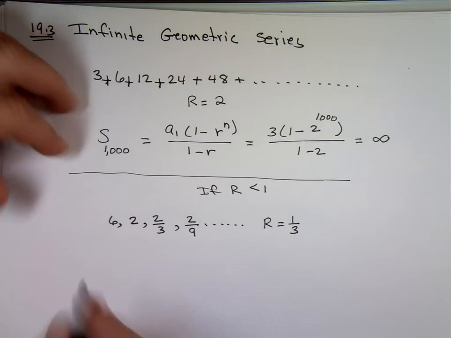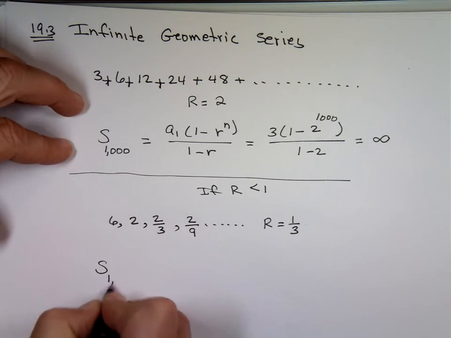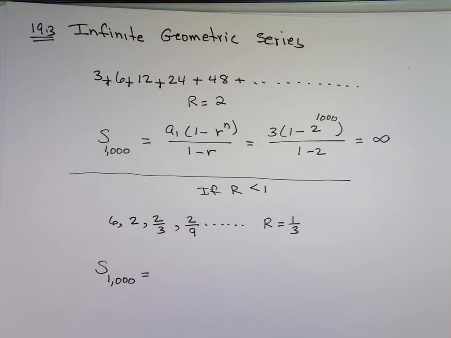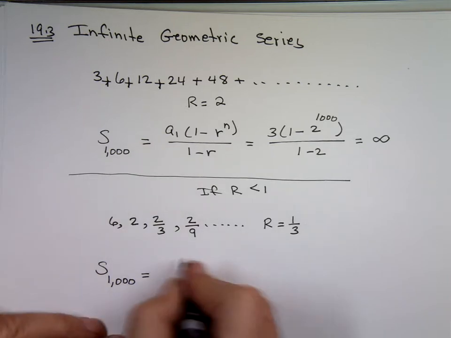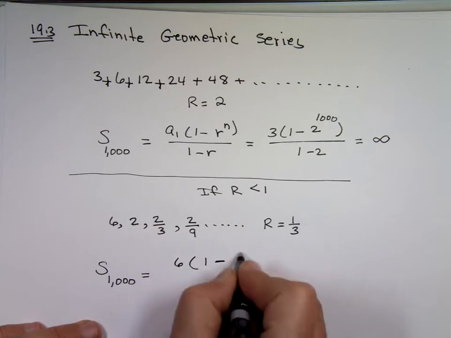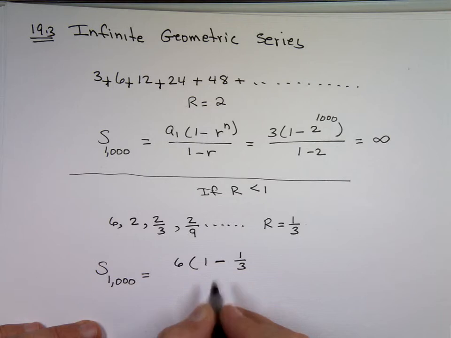Now watch what will happen if I say, what is S to the 1,000? And I'm looking for not just 1,000, I'm looking for infinity, a million, billion, gazillion, whatever you want to use here, a huge number. But we'll start with 1,000, just to show you what's going to happen. It's going to be the first number, 1 minus 1/3 to what power? 1,000.